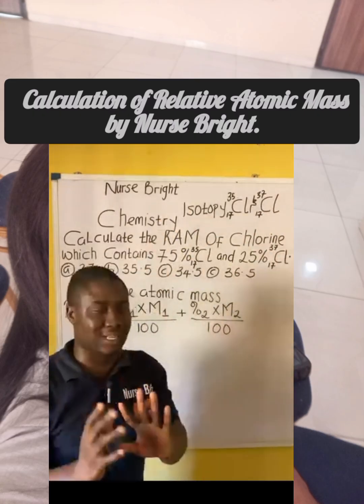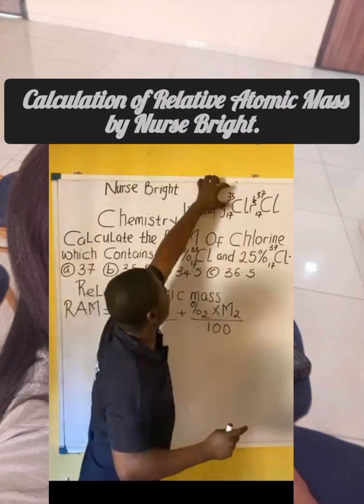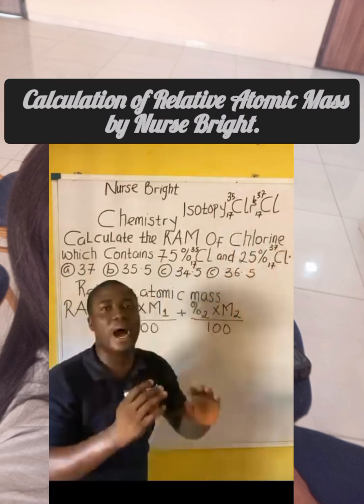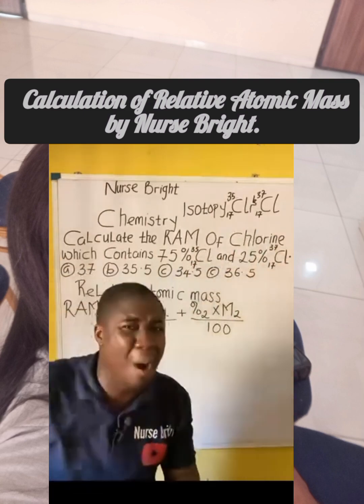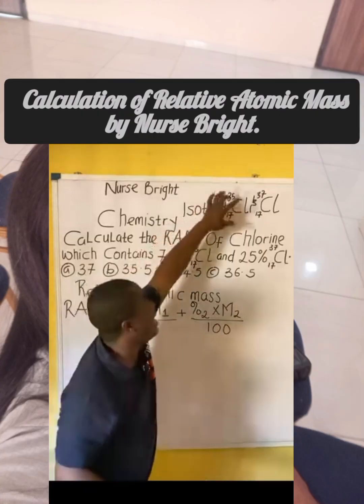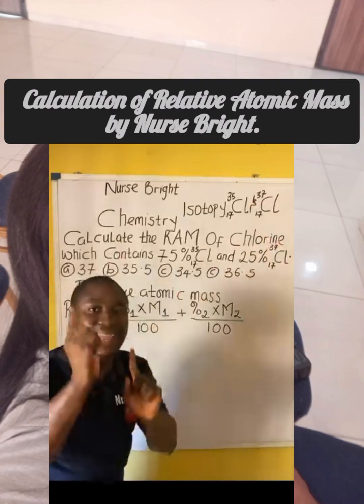Now we have to understand something, not just for this but for any other element. Any value written up is called the mass number, but the value written down is called the atomic number. Here is mass number and this is atomic number. Same applies to any other element you'll see in chemistry.